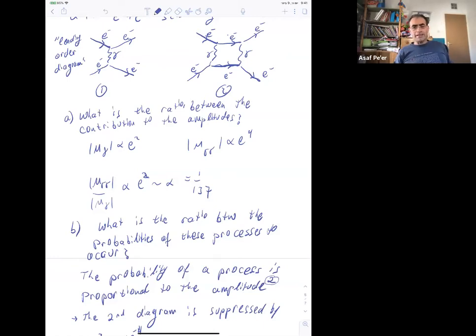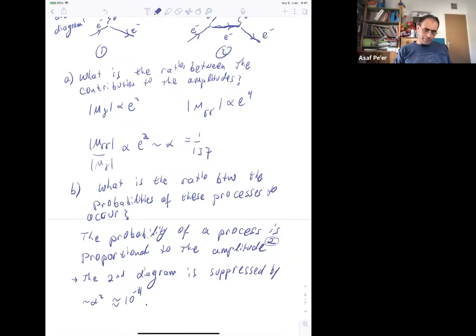The right one is called the next to leading order diagram. This result shows you one of the strengths of working with Feynman diagrams. In principle we have to sum over an infinite number of them, but the corrections are going to be negligibly small. So when we work in perturbation theory, it's often sufficient to stick with the leading or next to leading order.